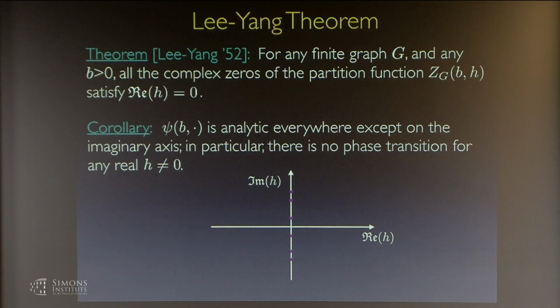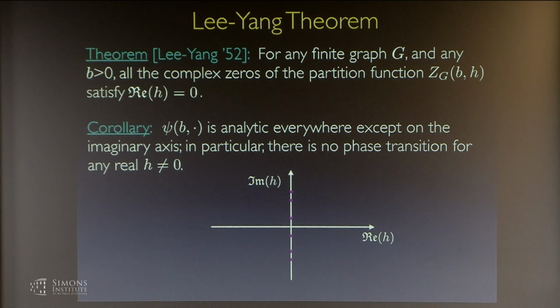Okay, and then the thing that really makes this powerful is what they then proved, and this is what I'll call the Yang Theorem. What they showed was that in the Ising model, for any value of beta, the only zeros of the finite volume partition function, indeed this holds not just on Z^d, this holds for any graph at all, so for any finite graph G, the only zeros of the partition function must have a real value of 0.